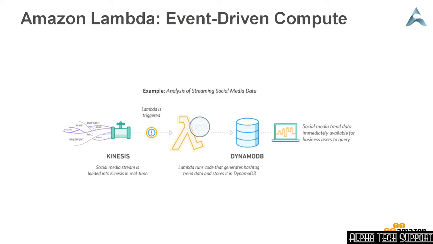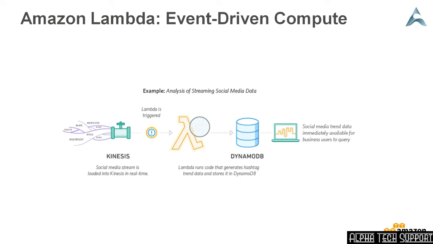You just need to write the logic within the Lambda function, and when the data is loaded into Kinesis, the Lambda is triggered. The Lambda function is called. The Lambda code generates hashtag trend data and stores it in the DynamoDB.